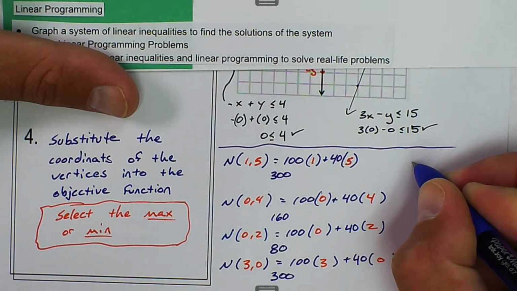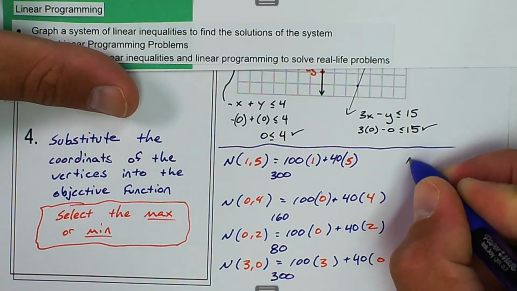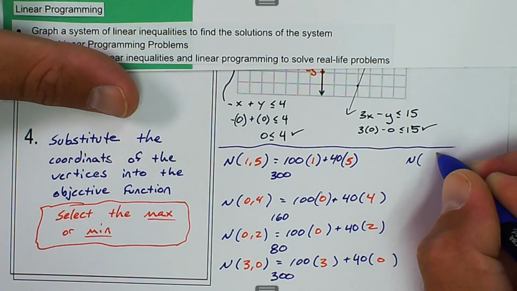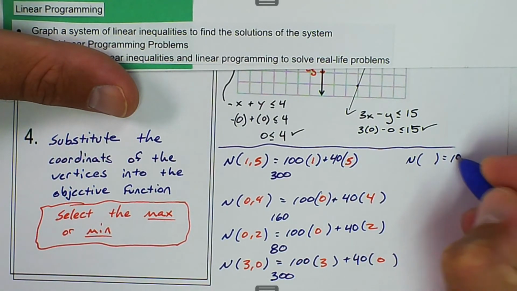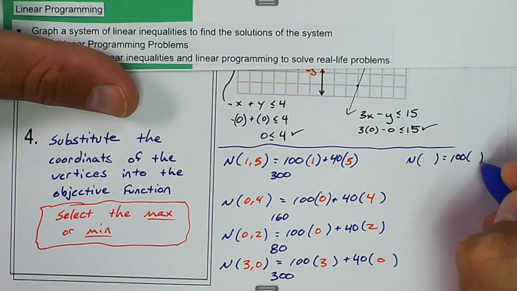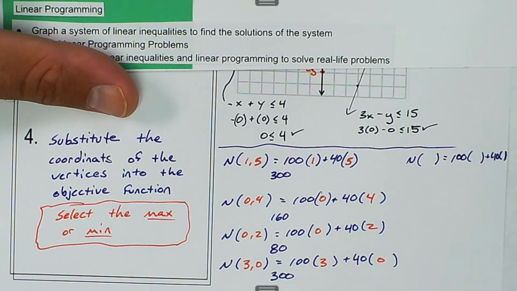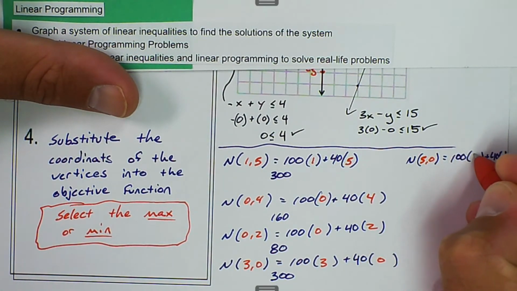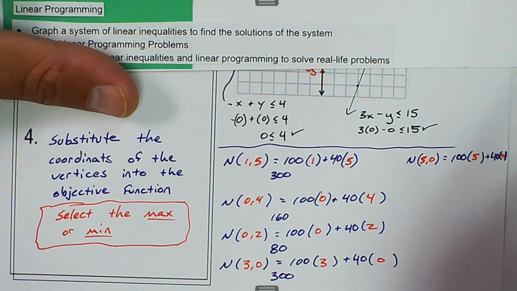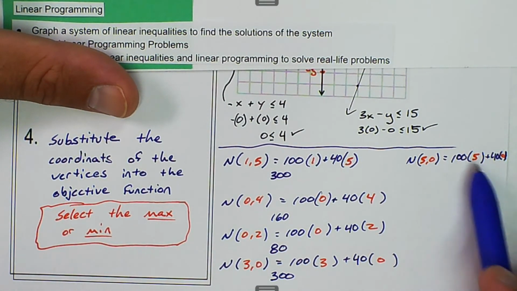Then we have the function N evaluated at 5, 0. 100 times 5, and 40 times 0 is 0.